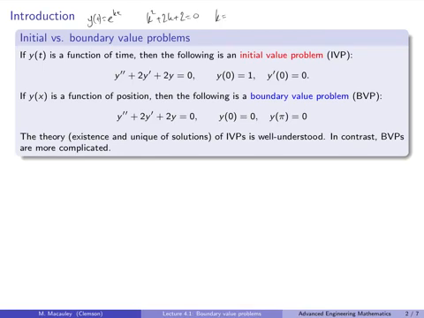So we get that k equals negative 2 plus or minus the square root of b squared minus 4ac, that's 4 minus 8, over 2, and that's negative 1 plus or minus i. So that means that we have solutions y1 of t equals e to the negative 1 plus i t, and y2 of t equals e to the negative 1 minus i t.